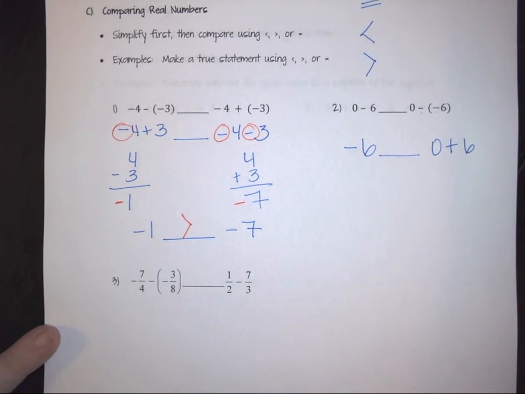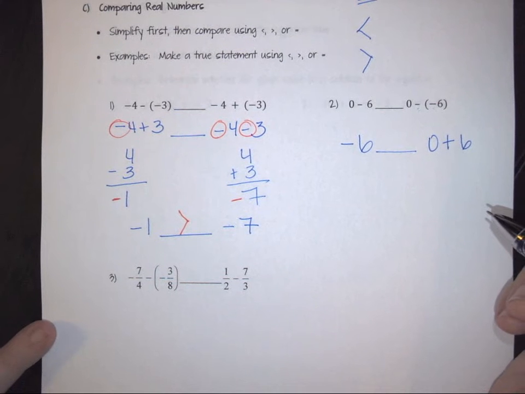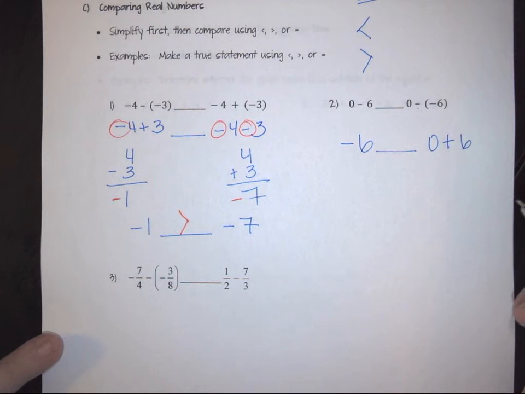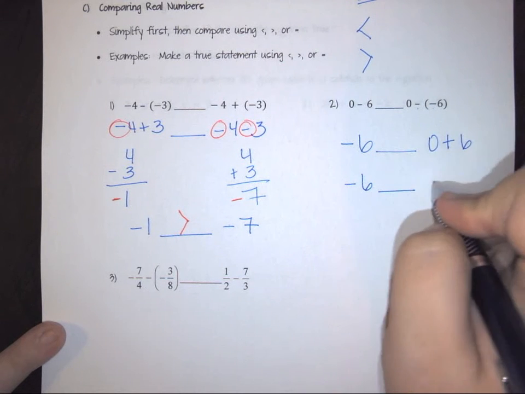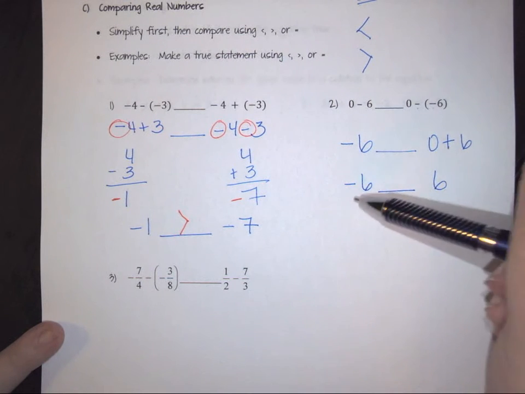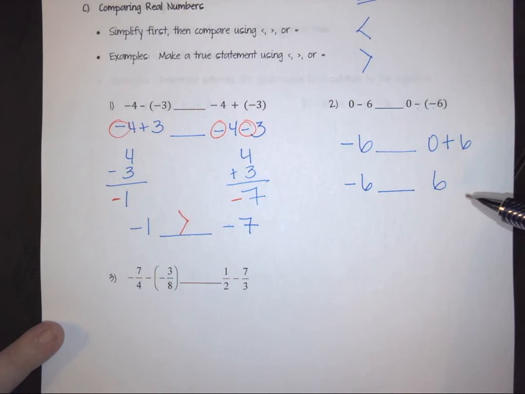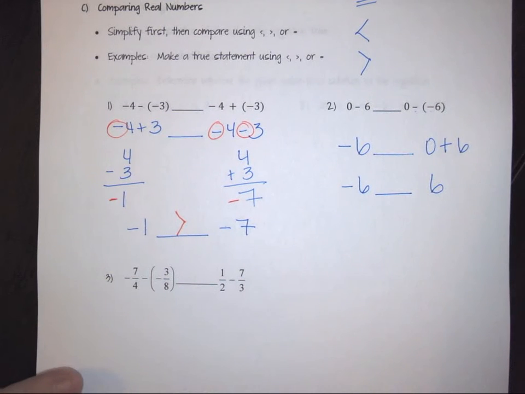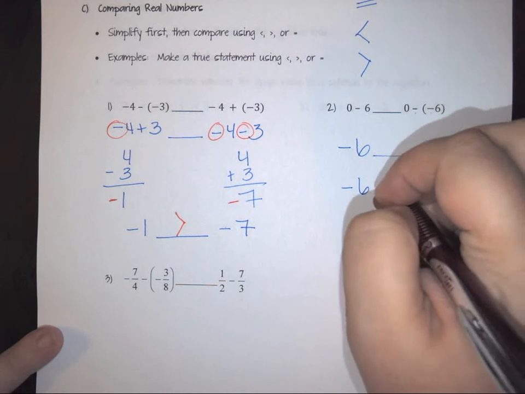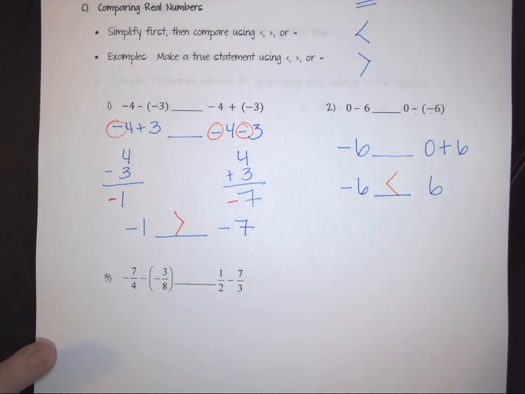Anything plus 0 or anything minus 0 is going to be itself. So this is really the same as negative 6 as compared to 6. Of course, when we're talking about the difference between negative and positive values, the positive value will always be the larger value. Therefore, we open up to the positive 6.